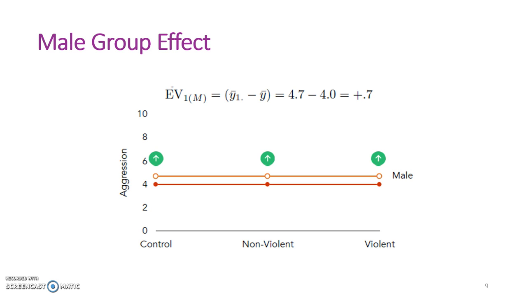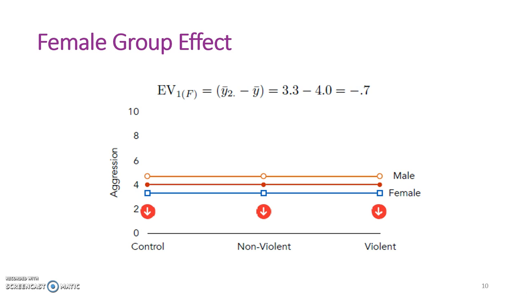I showed those to you a couple of slides back, but we can see here that this male group effect is positive 0.7, because it's the difference between the male group mean of 4.7 and the grand mean of 4. So this orange line now is representing the plot for the male group effect. Note that it is completely straight across the control, nonviolent, and violent conditions because we are ignoring that factor. We're totally ignoring the condition factor when we calculate this male group effect.